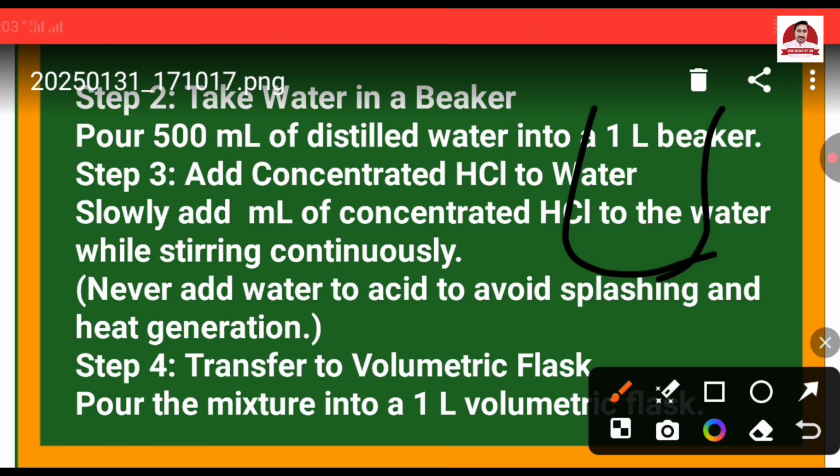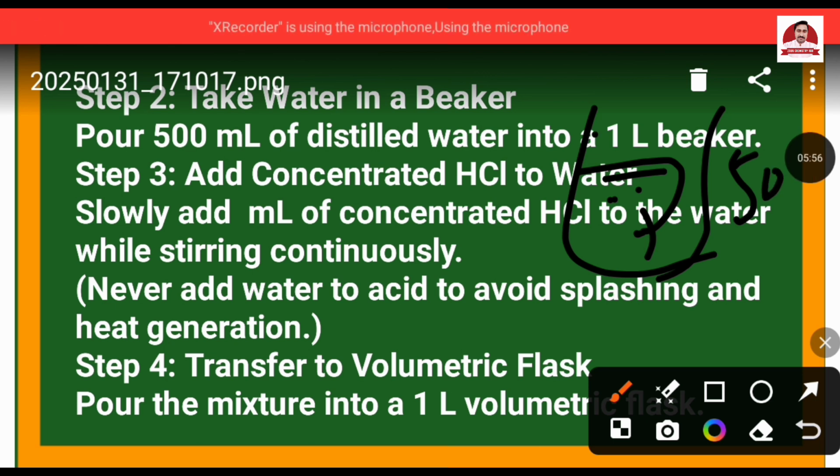We take a beaker and pour 500 milliliter of distilled water into this beaker, and we add the acid in this water, in this 500 milliliter of water.